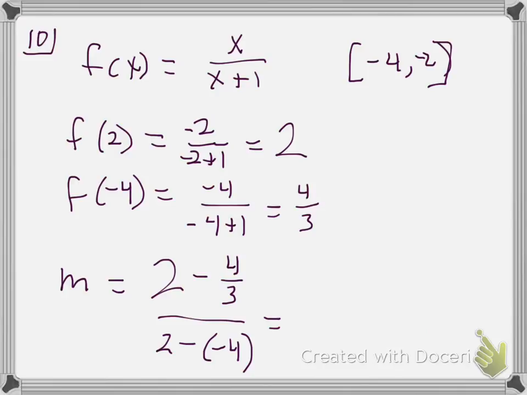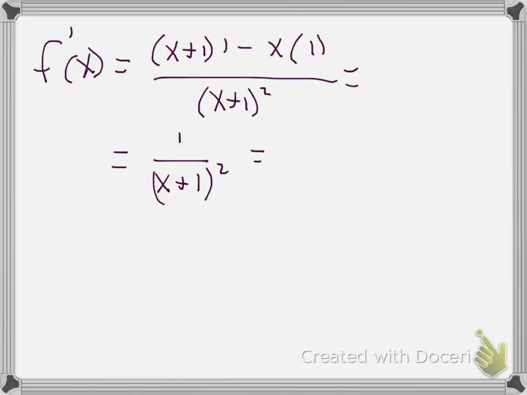And 2 minus 4/3 is 2/3, and that would make that -2 over 2, which makes this whole thing 1/3, which makes life much better.